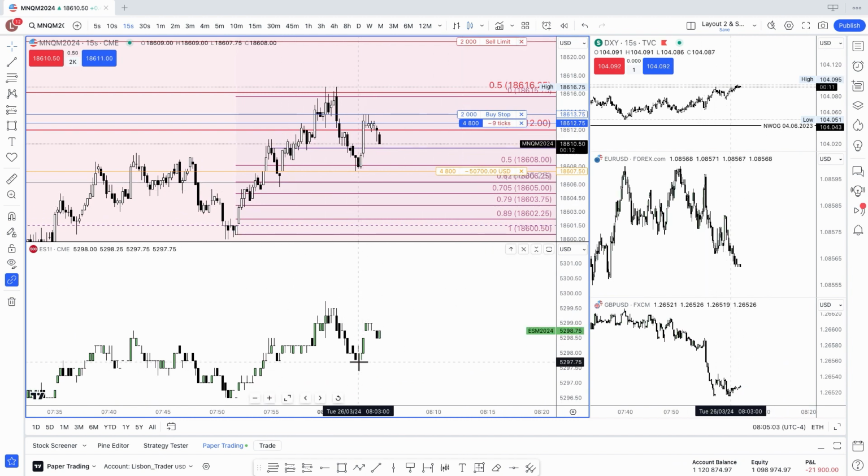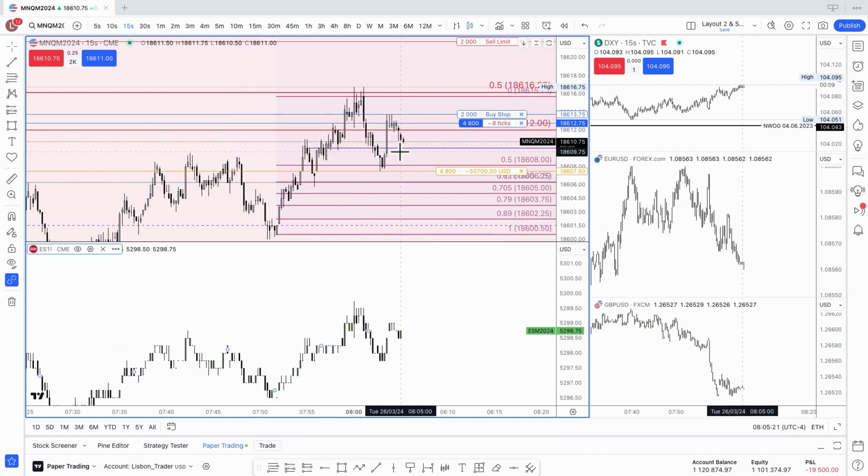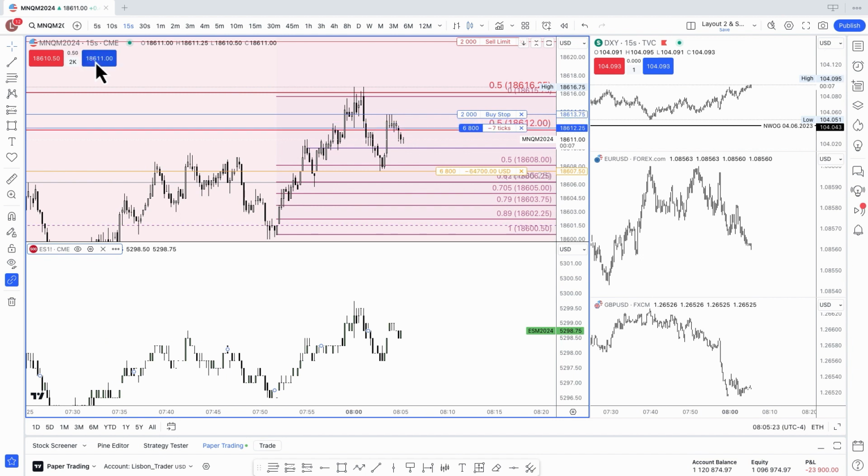And there's a minor SMT divergence. Let me see. 297.75, 297.75. Okay, entering.